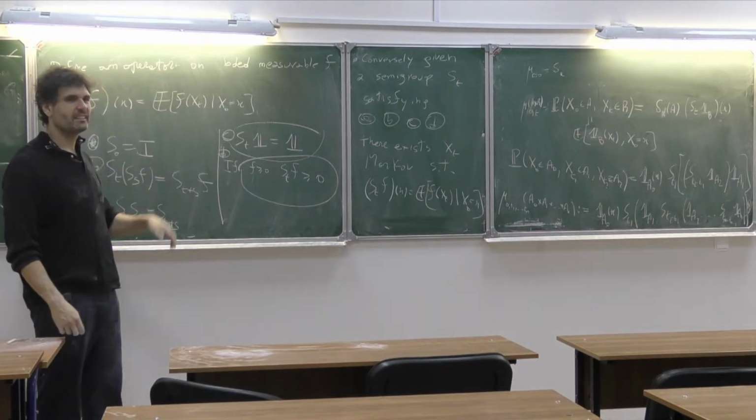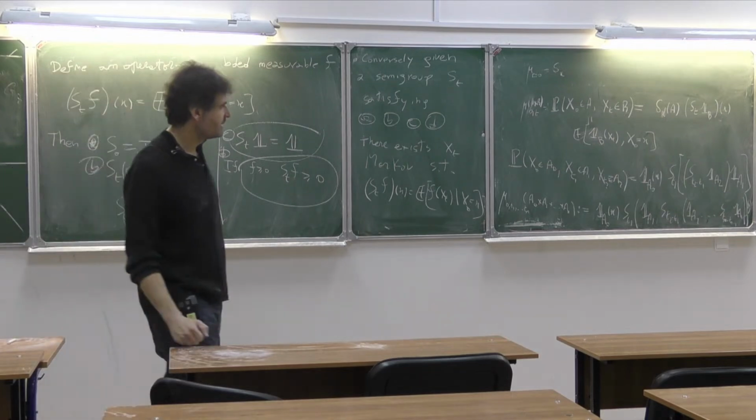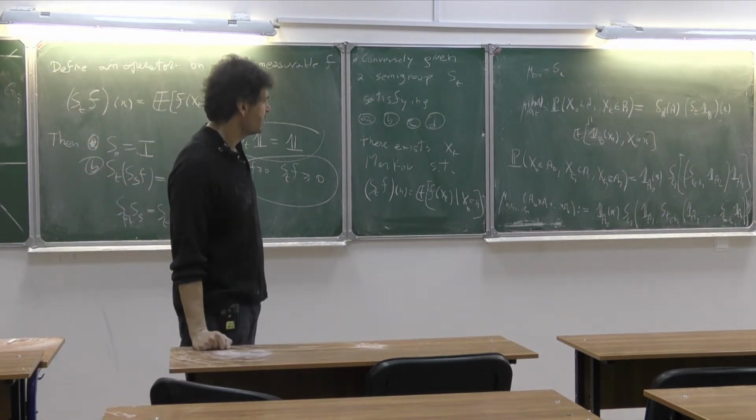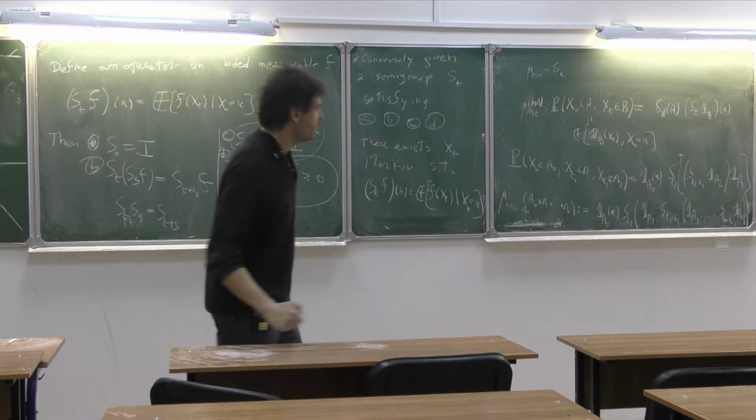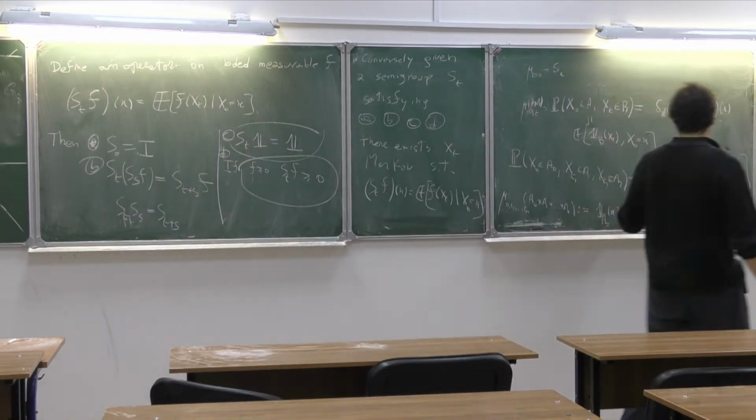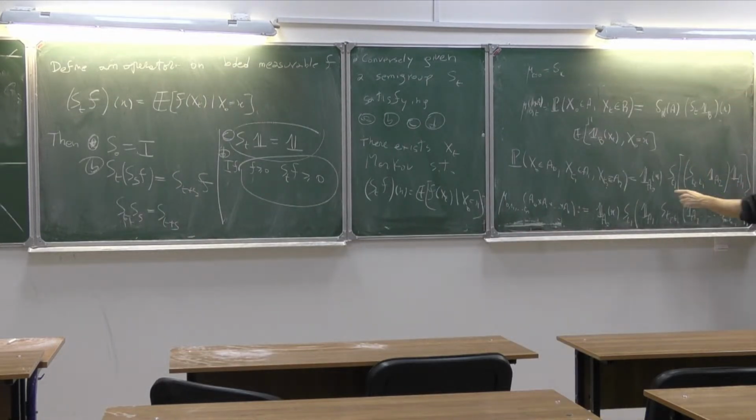The indicator function of A0, and what is its argument? Look, just look when there are two. It's S_t1 applied to the function 1_A1 times S_(t2 minus t1) applied to 1_A2. Then if there are three, I just put also 1_A of the previous time and apply S_t.